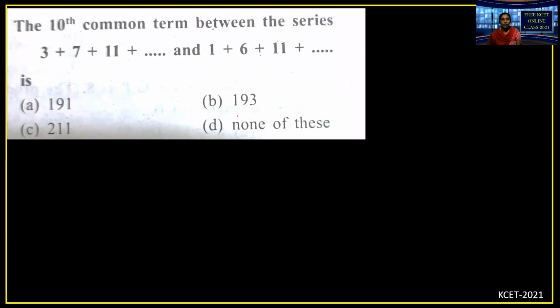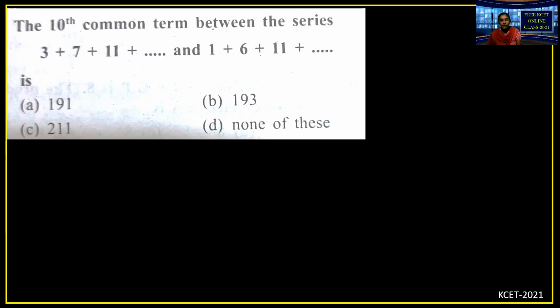Next question. The 10th common term between the series 3 plus 7 plus 11 plus so on, and 1 plus 6 plus 11 plus so on. So here we come across two sequences. The first sequence is 3, 7, 11, and so on.